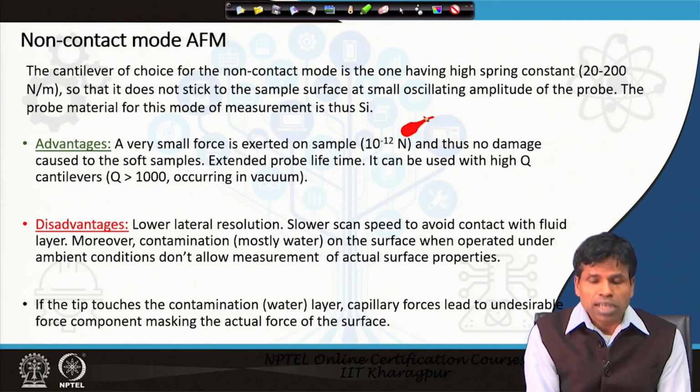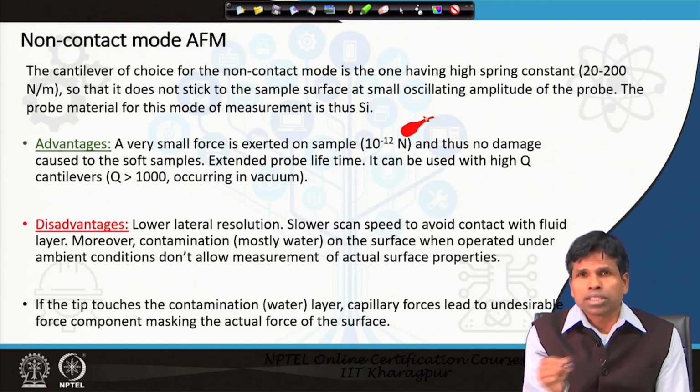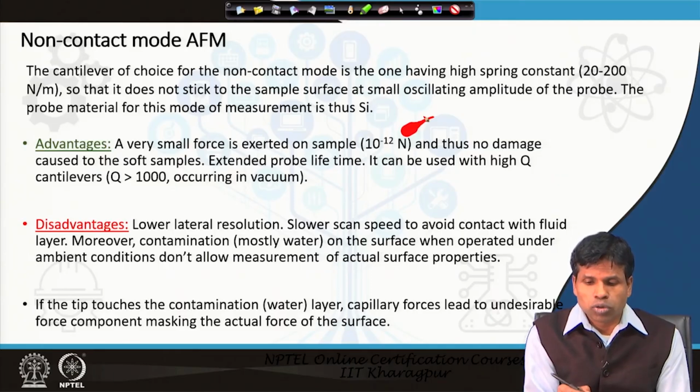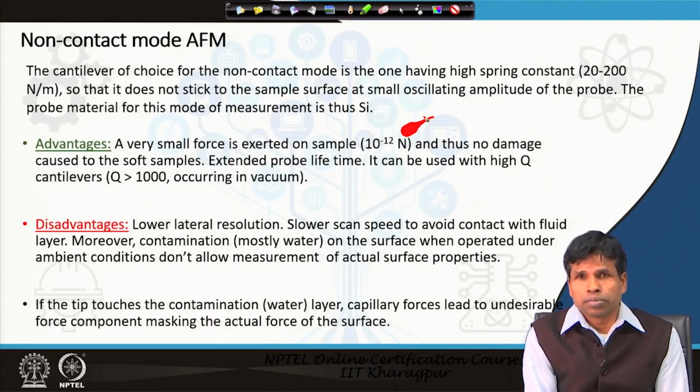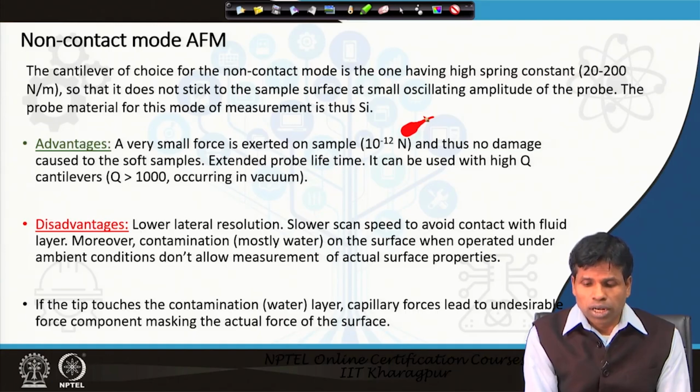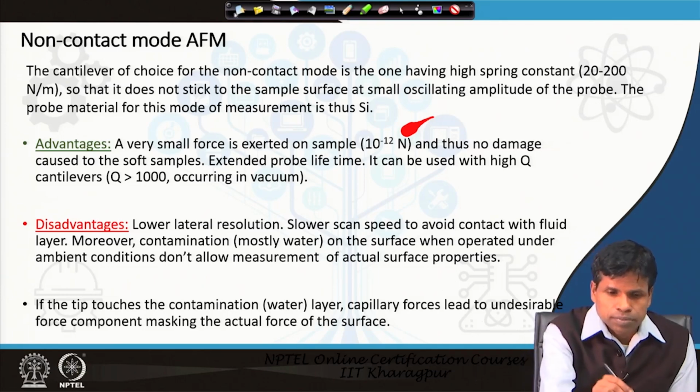If we go fast, at some places the tip may stick to the water or contact the fluid layer on the surface. Therefore, a slow scan speed is used for non-contact mode, and if the tip touches the water layer or contamination layer, then capillary force gives an undesirable force component, masking the actual force of the surface.